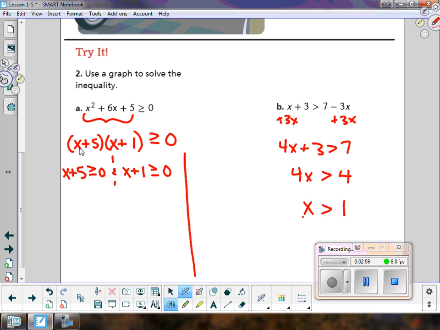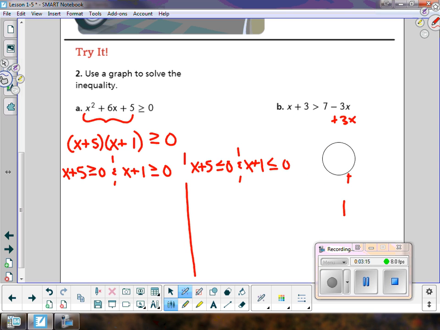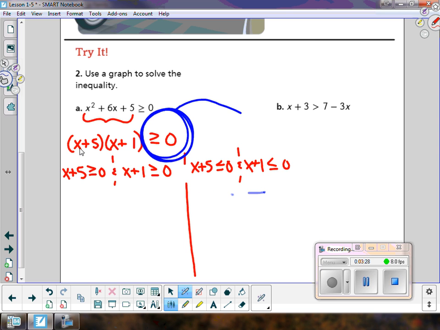The other one would be if both x plus 5 was less than or equal to 0 and x plus 1 less than or equal to 0. So in this case, we have both factors being negative, a negative times a negative equaling a positive, which would be greater than 0. Okay, so these are the two cases that we're going to solve, and I'll explain a little bit more in a moment.